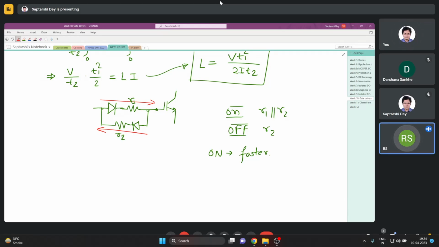Usually in these switches, the turn off times are higher, so that has to be reduced. So here R2 should be lesser in this diagram. So you can have it like this. I do not want to change it here once again.